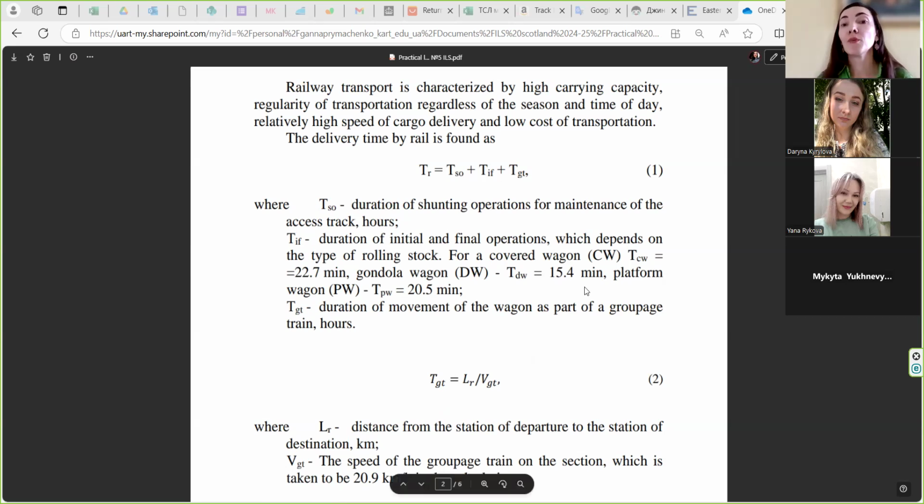For calculating in hours, we need to divide 15.4 by 60. It is very simple, and we have a result in hours. If you have such a category of wagons as platform wagons, PW, your time is 20.5 minutes. We also divide it by 60, and the result is in hours. Let's do it for your variant.